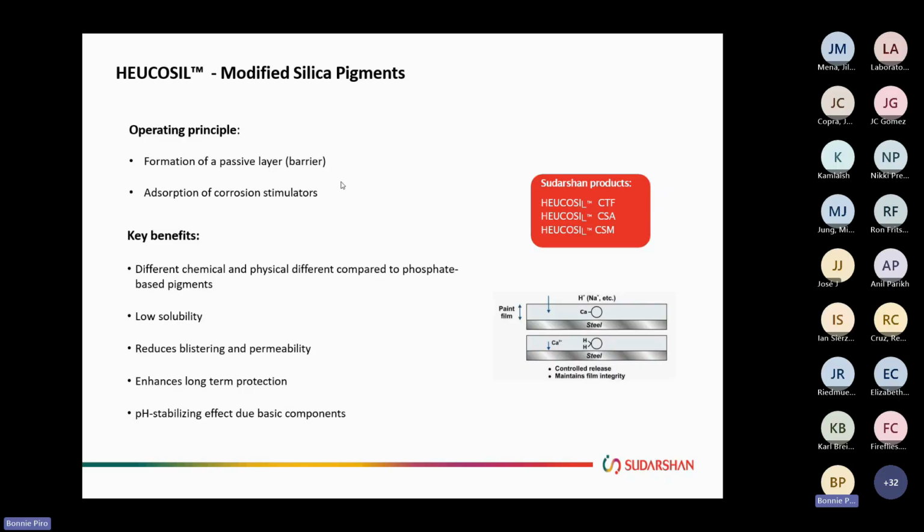So they also absorb the corrosion stimulators as well. So they have their own properties in there. So we do see this reducing blistering and permeability. It does have that pH stabilizing effect as well.